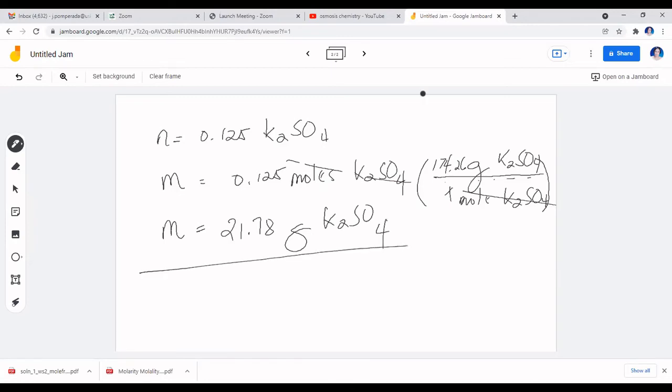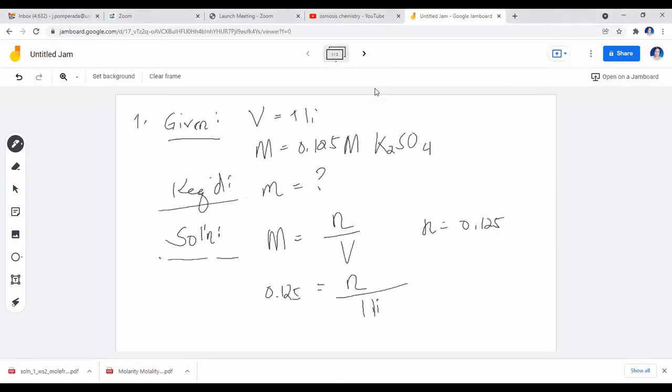See, it's very easy. You use the formula for molarity to get the mass of the solid that is to be dissolved in 1 liter of solution. Okay, so thank you for the answers that were provided. So this is for our number 1 based on the given here.